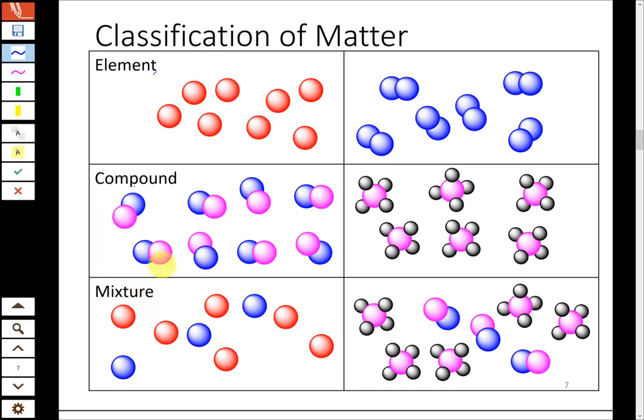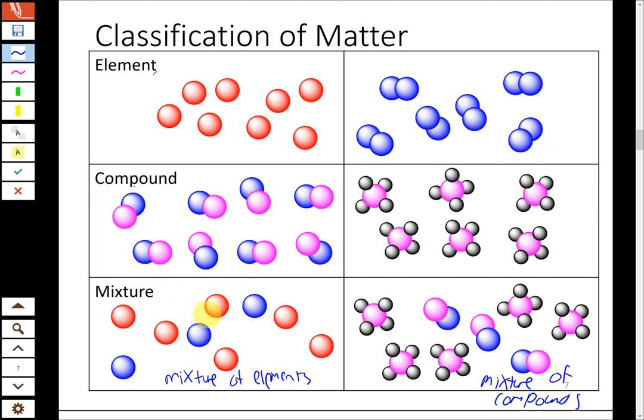Whereas if we had a mixture, you can have a mixture of elements as we have here, or a mixture of compounds as we have over here, or you could have compounds mixed with elements. I don't have that possibility, but that's obviously there. We have, in this case, two different types of microscopic particles, atoms or molecules, that make up that substance.